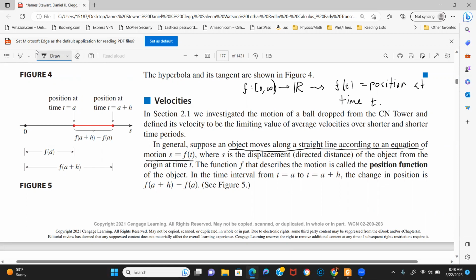So this function describes displacement, or directed distance, of an object from the origin at time t. And you remember that the motivating problem for calculus was trying to describe instantaneous velocity. We know how to make sense of average velocity.